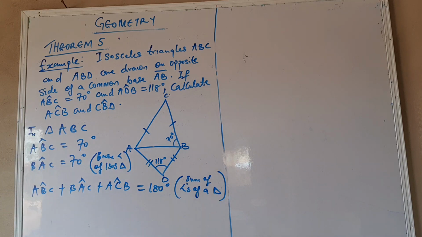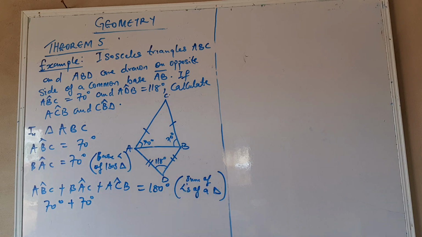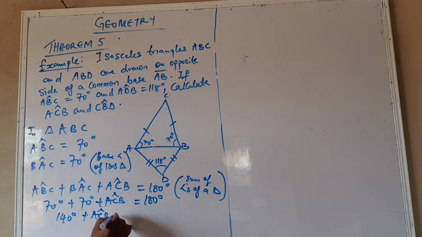And I know my ABC to be 70 degrees, plus this also 70 degrees, as we've calculated, then plus ACB will give you 180 degrees. So this will give you 140 degrees plus ACB equal to 180 degrees.